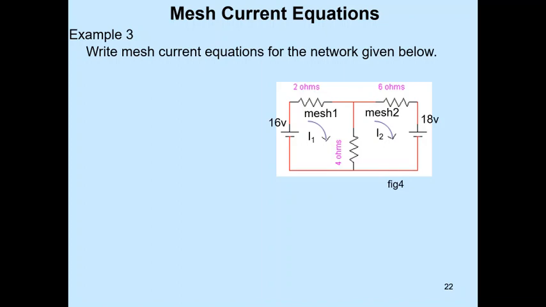So the total number of meshes identified here is 3 minus 2 plus 1, that is, 2 mesh equations. In these 2 equations, we take the two mesh currents as I1 and I2. So we identify two meshes, mesh 1 and mesh 2, and the two mesh currents I1 and I2.